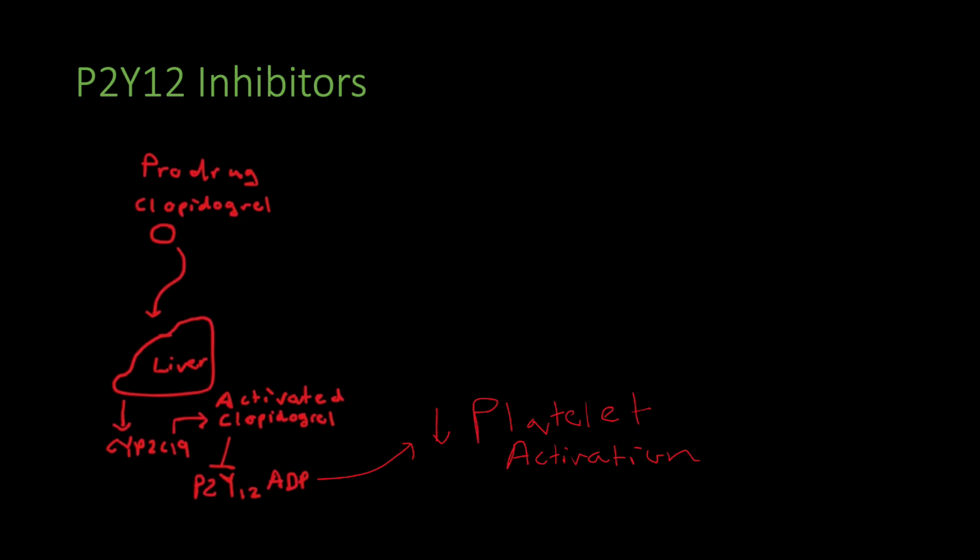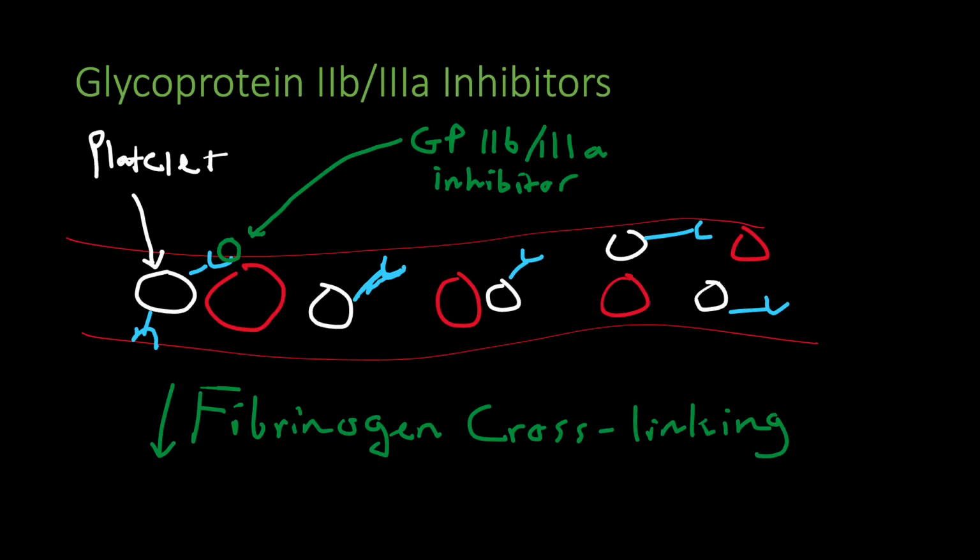In this case, it's CYP2C19, where clopidogrel gets activated, and then it inhibits the P2Y12 ADP receptor, so that the platelet activation is inhibited. So it prevents that activation of the platelet. And so there won't be any clots there because of this decreased activation.